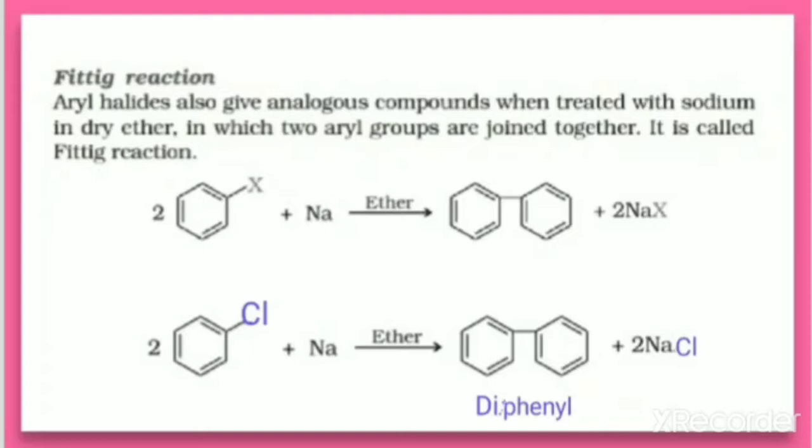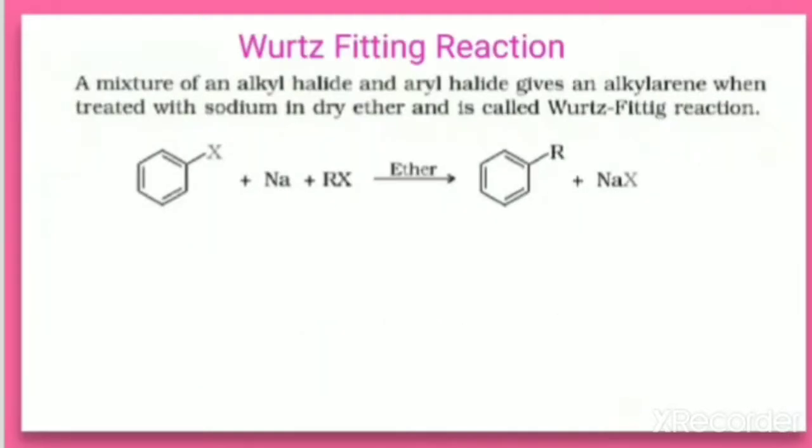Let us take another reaction that is called Wurtz-Fittig reaction. As we have already discussed the Wurtz reaction, in which there is a doubling of R. Here there is one haloalkane, this is haloalkane, and this is haloarene. So when haloalkane and haloarene, that is alkyl halide and aryl halide, are treated with sodium metal, at that time there is a removal of NaX here.